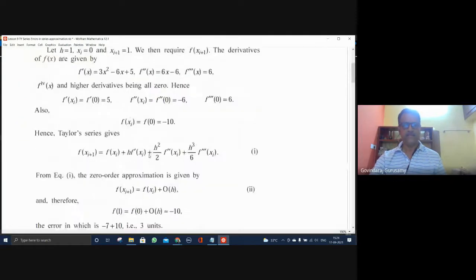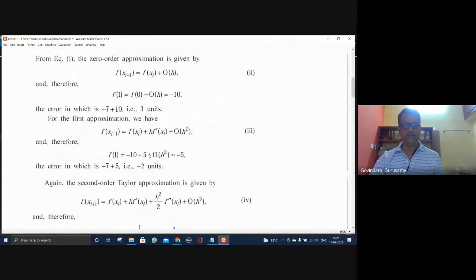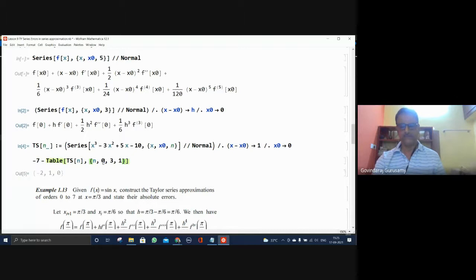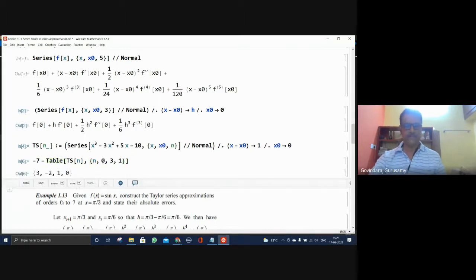The error for the first thing is with the 0th order. Of course, I have not taken the 0th order. If you want, you can take it also. Well, that is it. N is starting from 1, so I have to start from 0, up to 3.